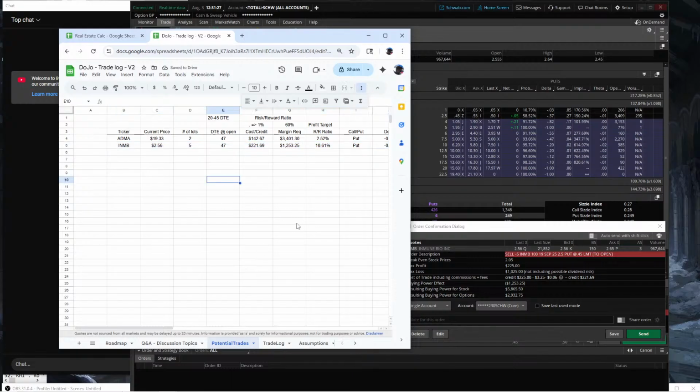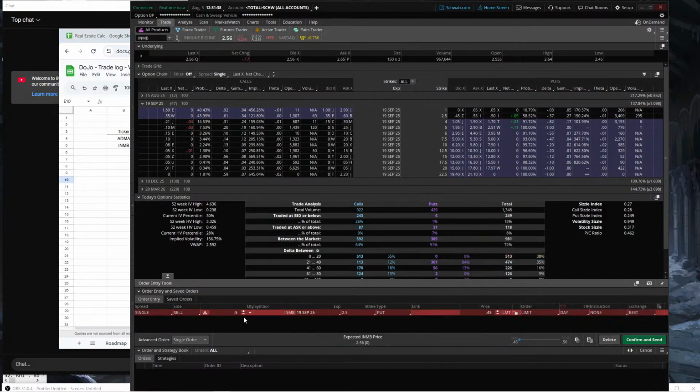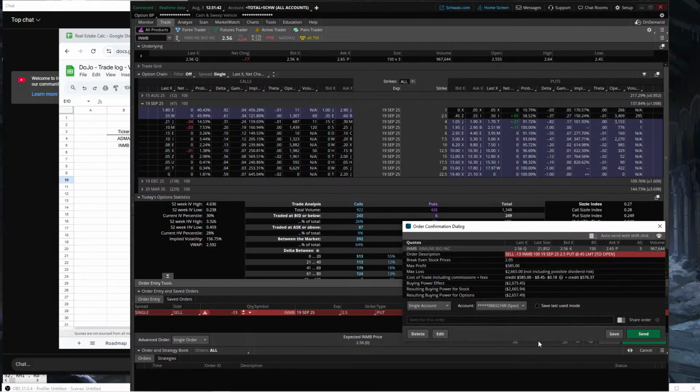I mean, you could put a lot of trades out on that. A lot of contracts out on that, especially in my portfolio. Let's see. It's 13 lots. You can get $500.